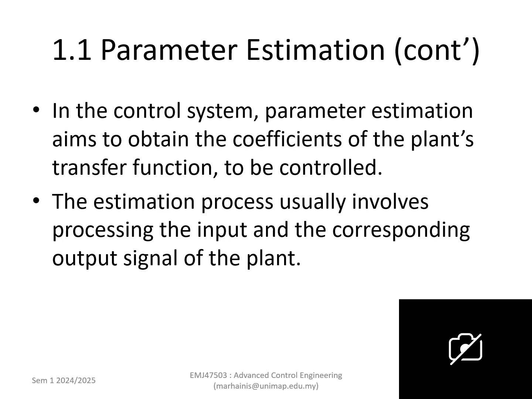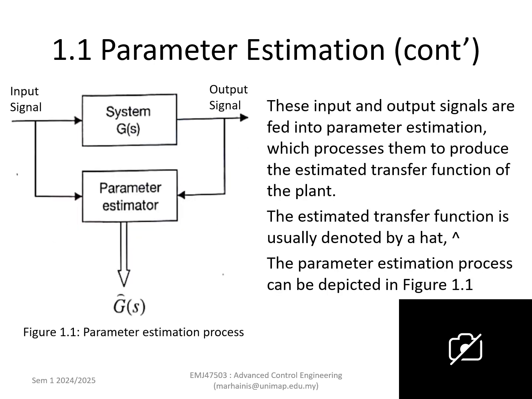So in a control system, parameter estimation aims to obtain the coefficients of the plant transfer function that is to be controlled. So the estimation process usually involves processing the input and the corresponding output signals of the plant. Figure 1.1 shows the parameter estimation process. As you can see, there are two blocks, system G(s) and parameter estimator, where the input signal is the input for the system as well as for the parameter estimator.